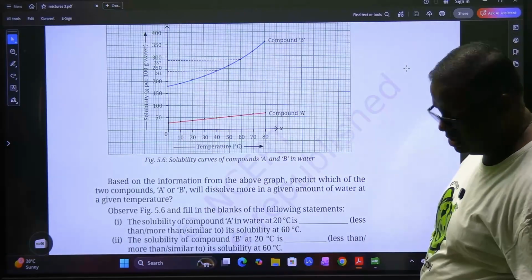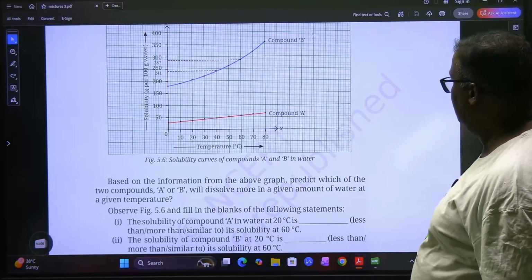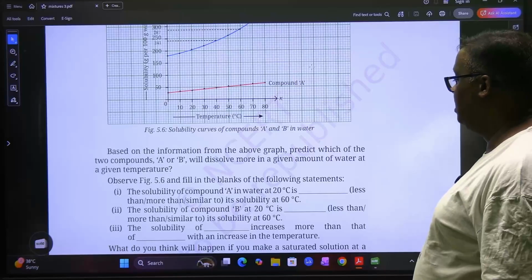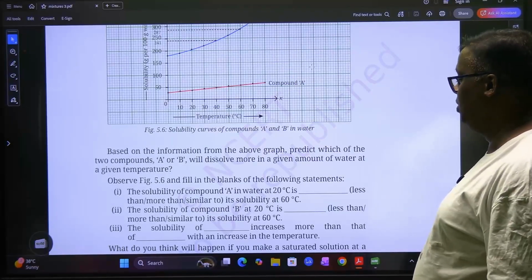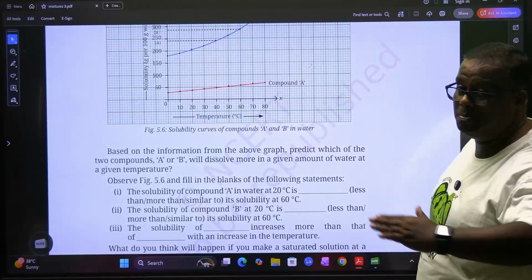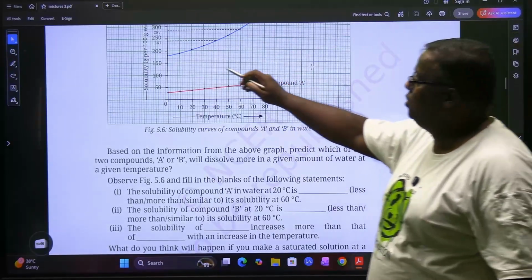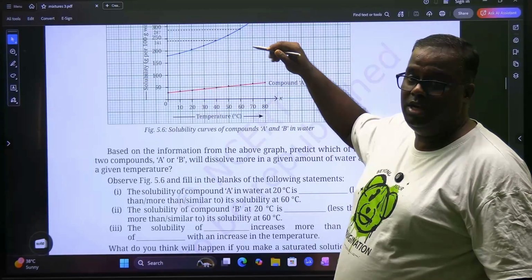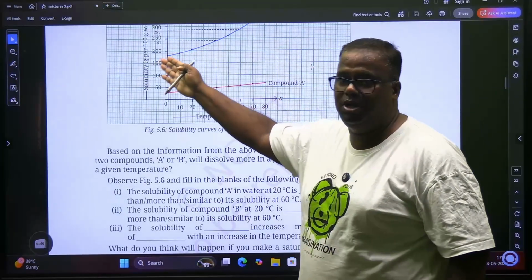Let's see the next question out here. The next question says, the solubility of dash increases more than solubility of dash with increase in temperature. Obviously compound B. Compound B shows a parabola graph. Here the slope is much more. Right? The rate of increase. See, if you see grams per degree centigrade.